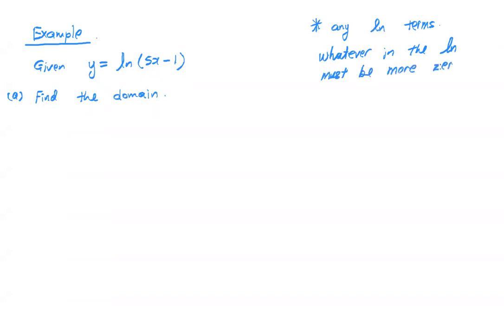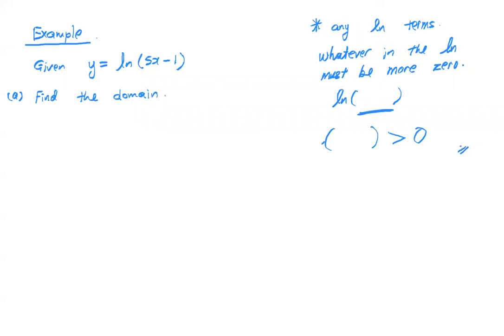The reason is because e to the power of something is always more than 0. So for ln of anything, whatever inside here must be greater than 0. And knowing this fact will help us to find the domain. So I'm going to use this fact and find the domain.